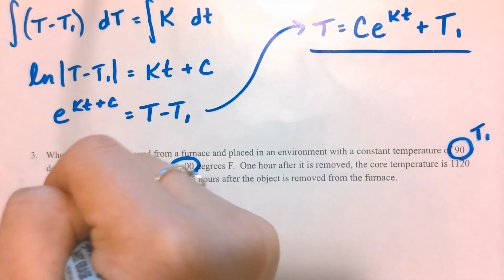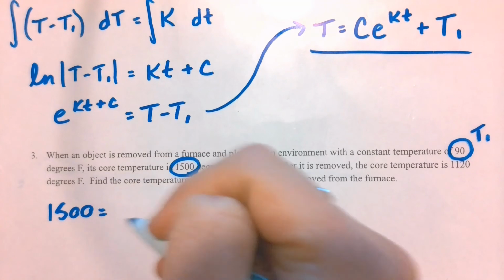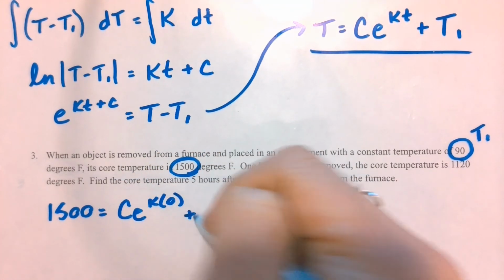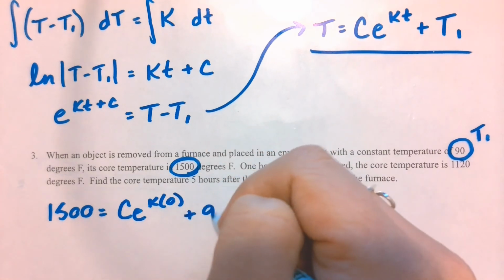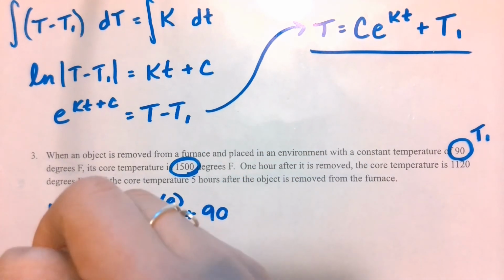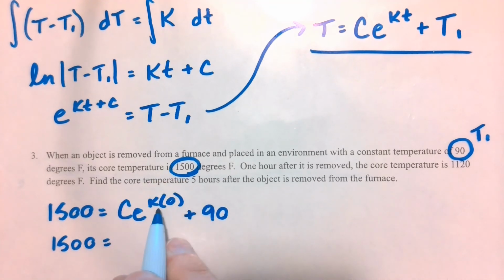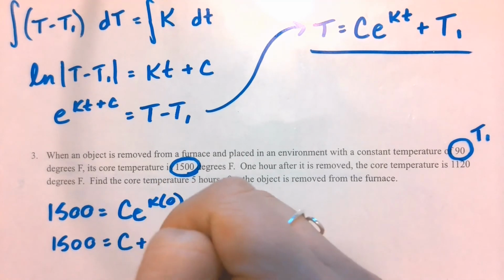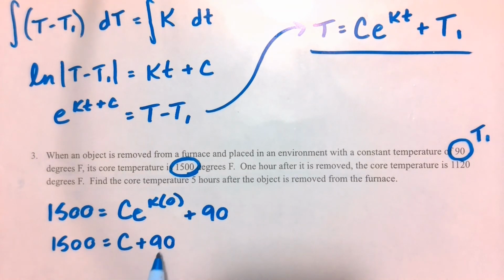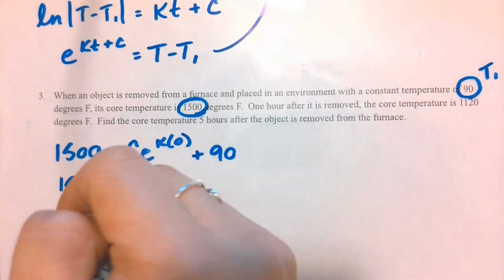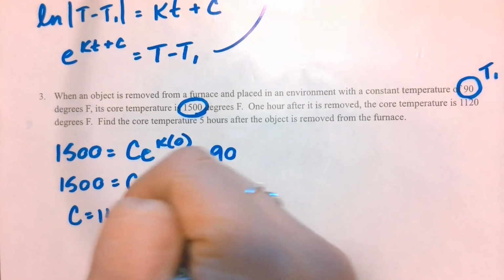If I know that my temperature is 1500 when t is 0, I can plug in all of those things. My T sub 1, remember, is 90. So it's going to be really close to 1500, but not quite, because e to the 0 is 1. So I have the C, but I still have the plus 90. So it's actually going to be 1500 minus 90. So my C will end up being 1410.